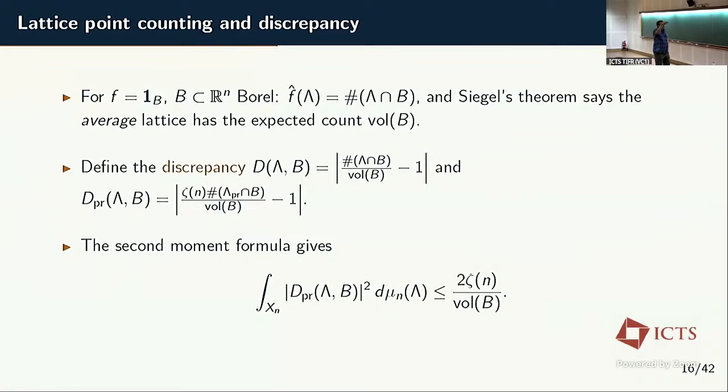Feeding the indicator function into the Siegel transform and getting the second moment estimate will straight off give you a mean square discrepancy upper bound. Right? It's just feed it in and this pops up. Okay? So this provides a link between counting problems involving lattices and the space of lattices.